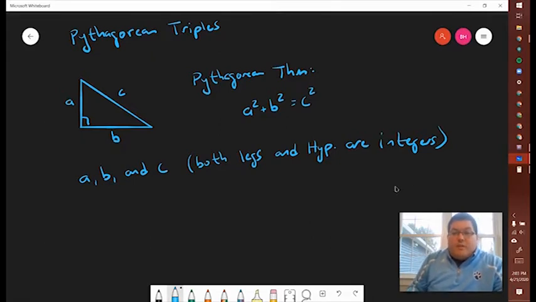And so it kind of makes you wonder, are there other situations where the legs and the hypotenuse would all fall to be integers? And the answer, of course, is yes. These are our Pythagorean triples. So there are an infinite number of Pythagorean triples, right? Leg and hypotenuse combinations that fall into this pattern where all 3 are integers.